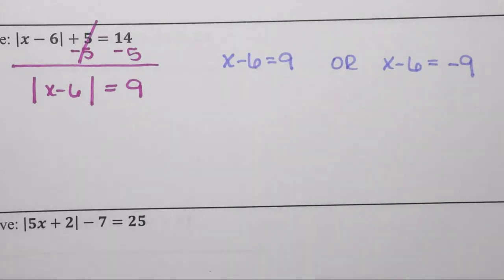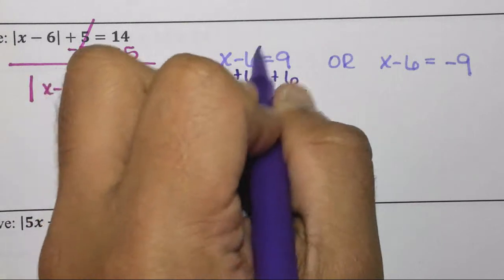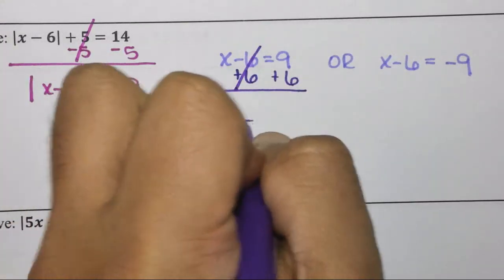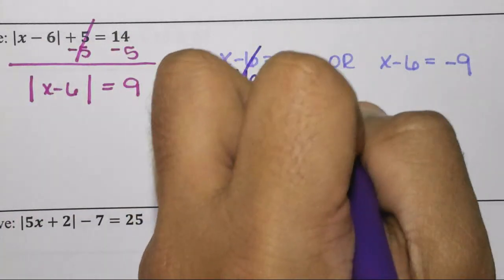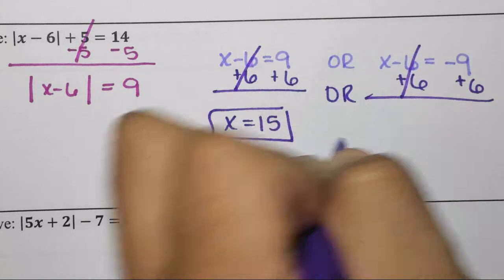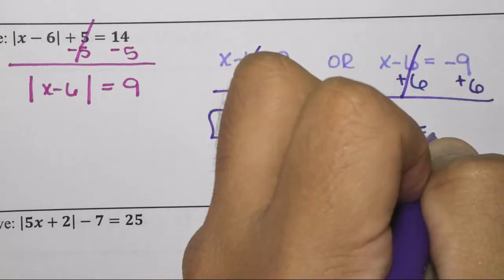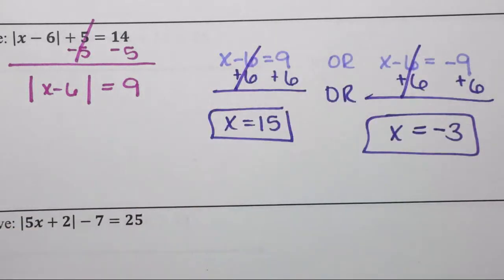And then what you do is solve for both. Plus 6 cancels out, so x is equal to 15. Or plus 6 cancels out, x is equal to negative 3. I need both answers. Both.